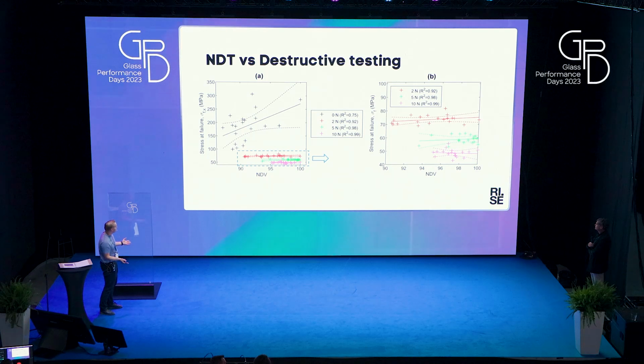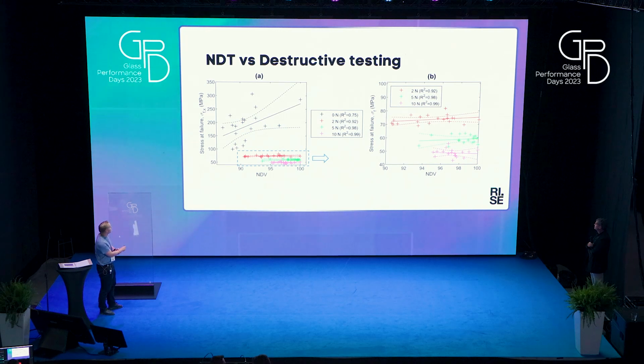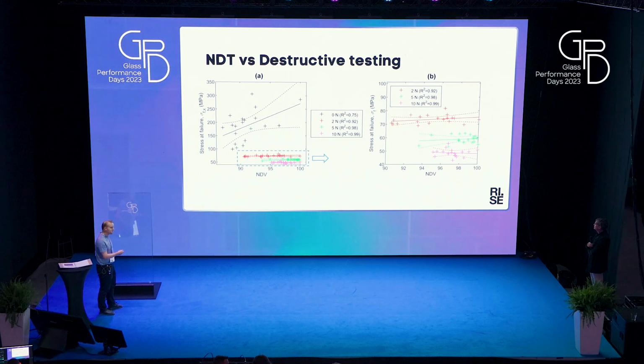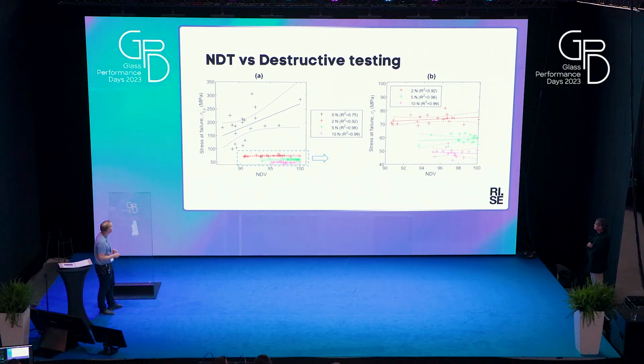I mean, it's not perfect, but more than half are within 95% of these dashed lines. So I think it's a pretty good correlation, and this actually gives a proof of concept that we actually can non-destructively test strength of glass.